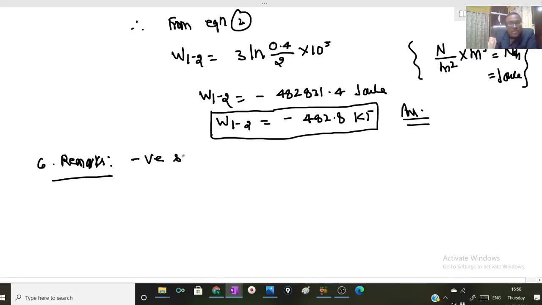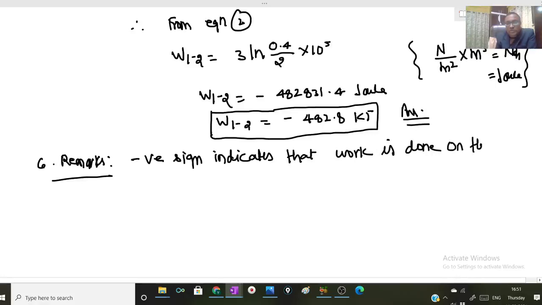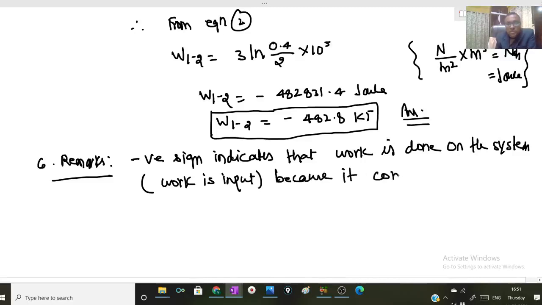The negative sign indicates that work is done on the system, or work is input to the system, because it is a compression process.